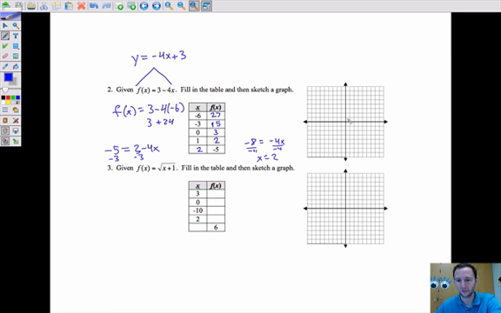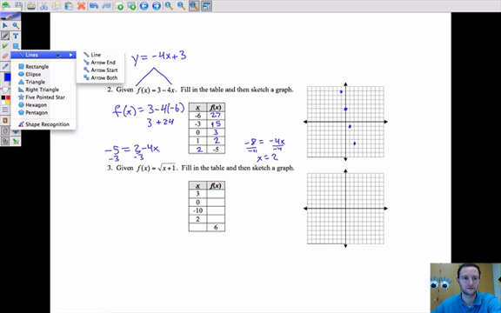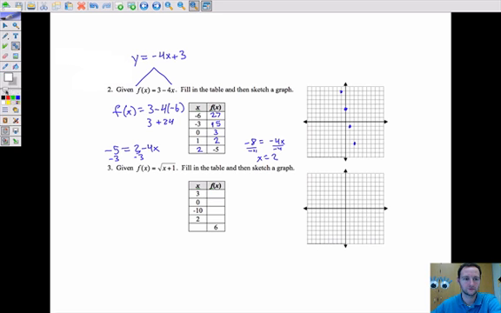It has a y-intercept of 3 and a slope of negative 4, so down 4 over 1. And that's how that line looks.